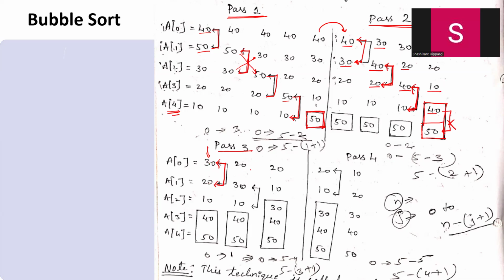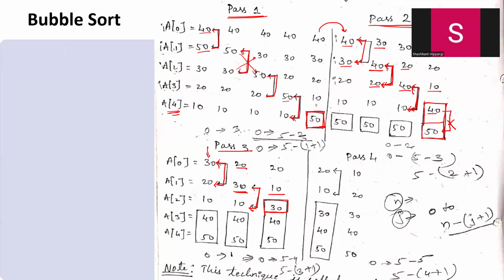If they are not in order, we swap them. The second element will be compared with the third one. If they are not in order, we swap them. So in pass three, there will be only two comparisons, because after two comparisons, the third largest element is placed at its proper position. The next comparisons are not needed.